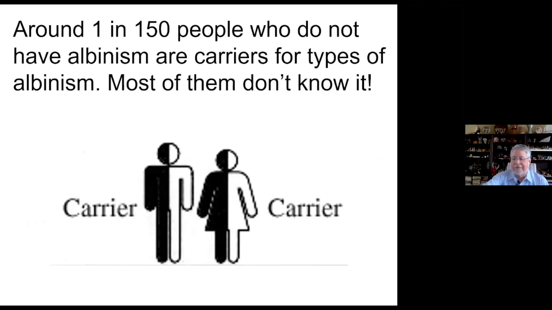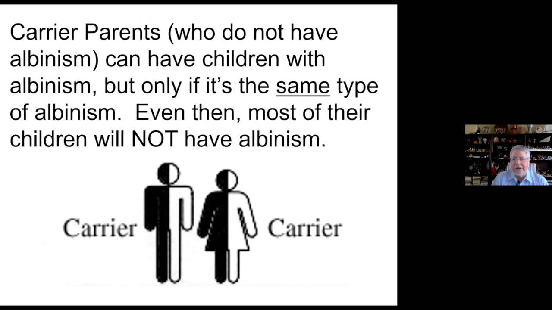So there are carriers for albinism out there all around us. Carrier parents who do not have albinism can have children with albinism, but only if they carry changes in the same gene for that same type of albinism. And even then, most of their children will not have albinism.